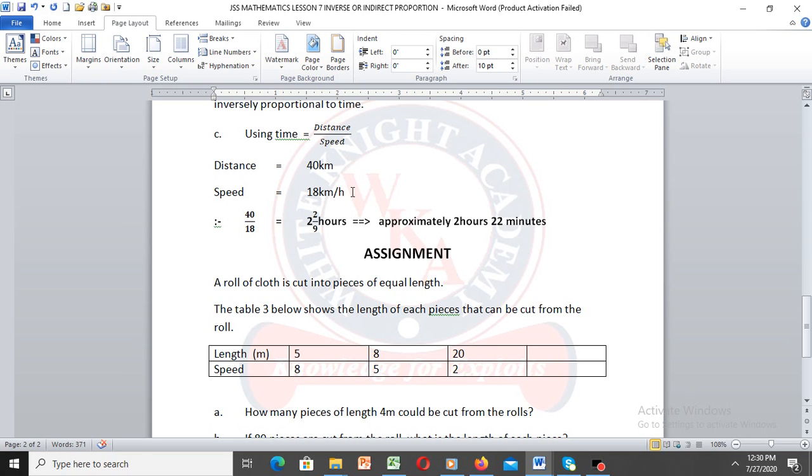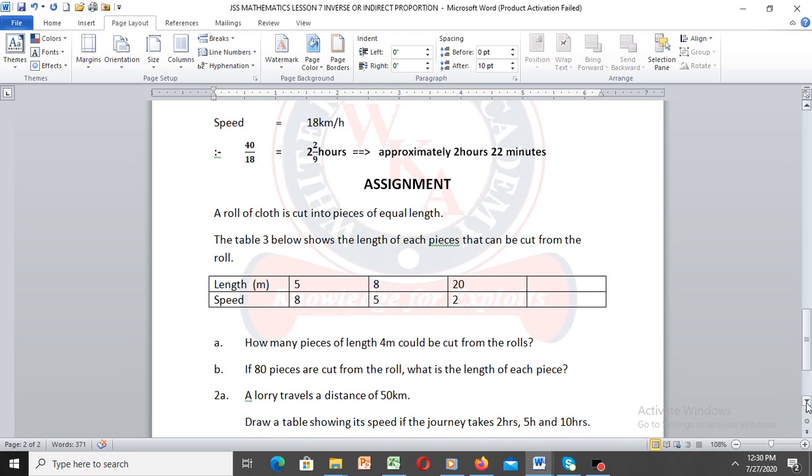Then the speed is 18 kilometers per hour. So it's 40 over 18, which is 2 and 2 over 9 hours. That is approximately 2 hours, 22 minutes. It will take him approximately 2 hours, 22 minutes to cover a journey of 40 kilometers if he's moving at a speed of 18 kilometers per hour.